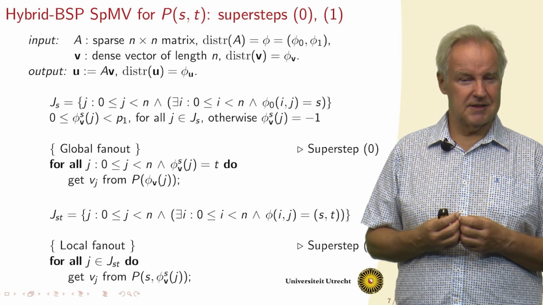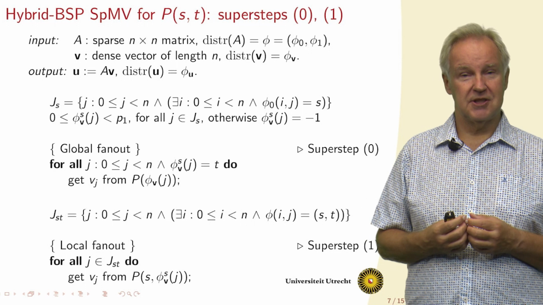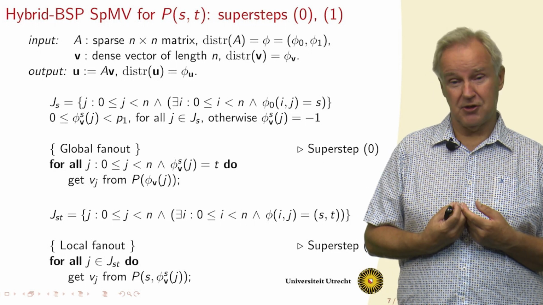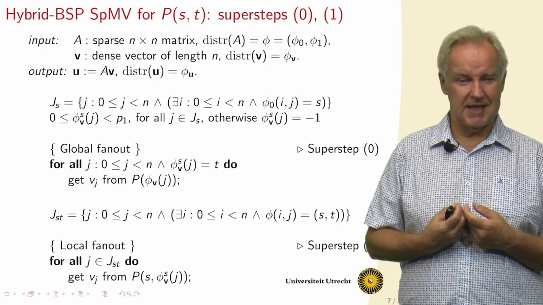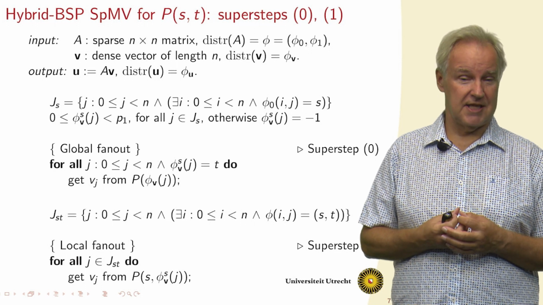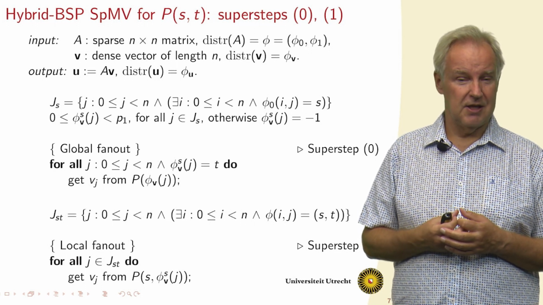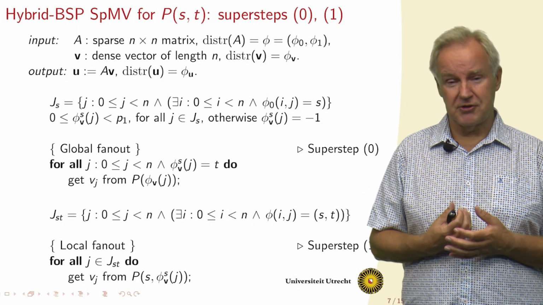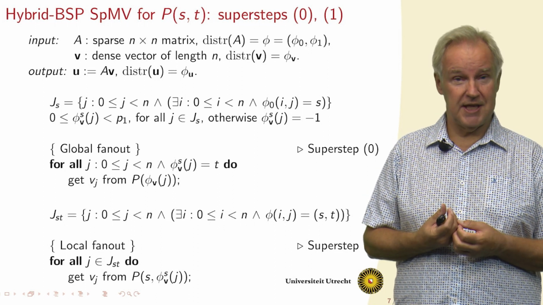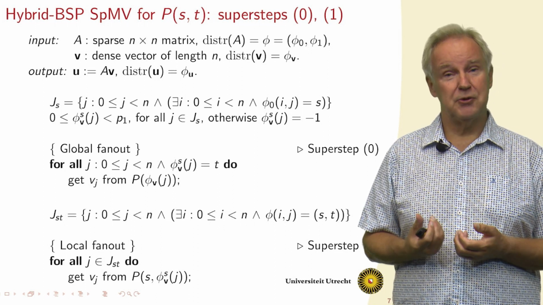And after that, for all the j's for which your matrix column is non-empty, and that's expressed by this set J of (s,t), for all the columns that are not empty locally, you need v_j, so you get it. And where do you get it?